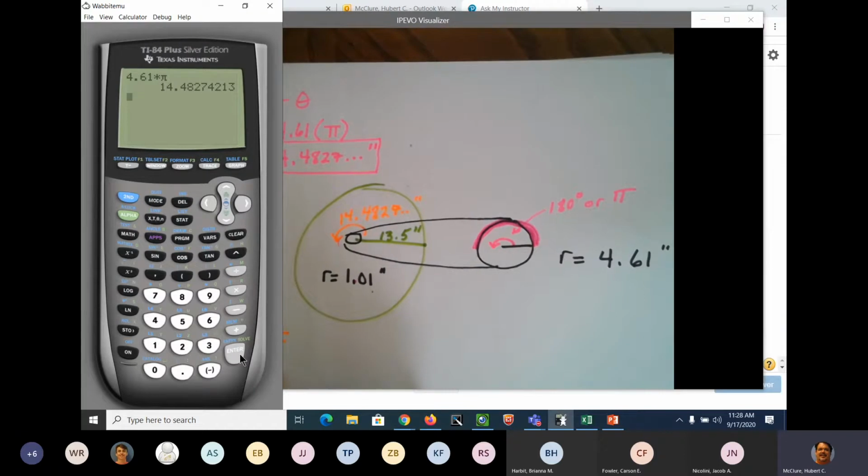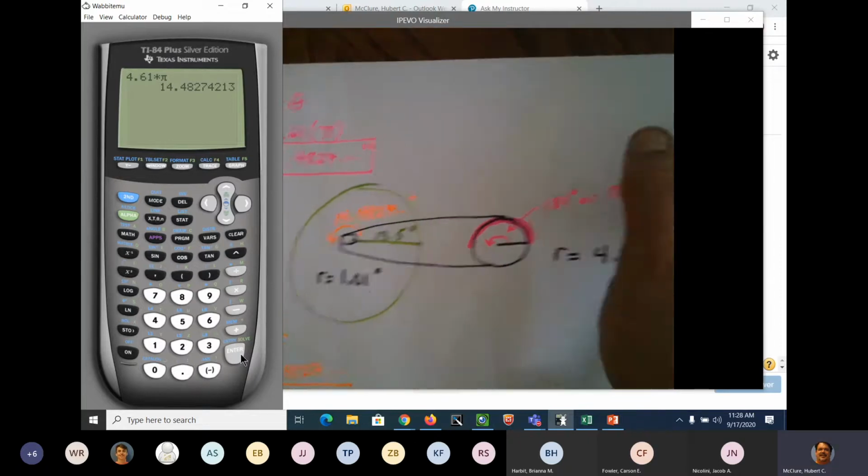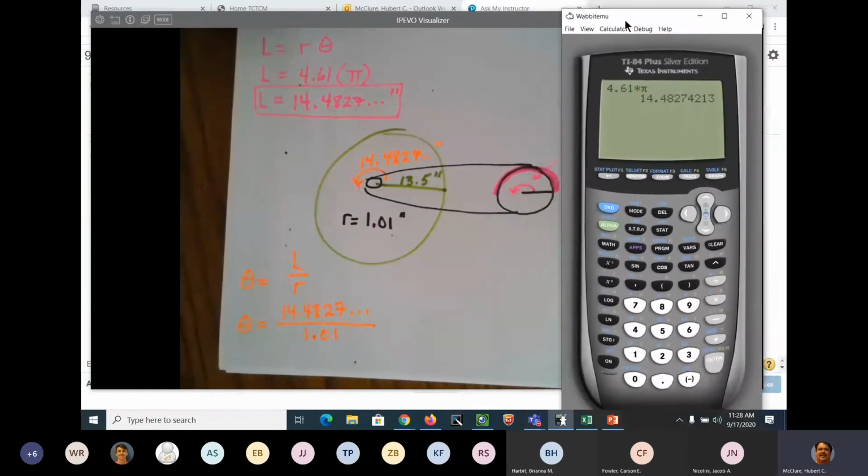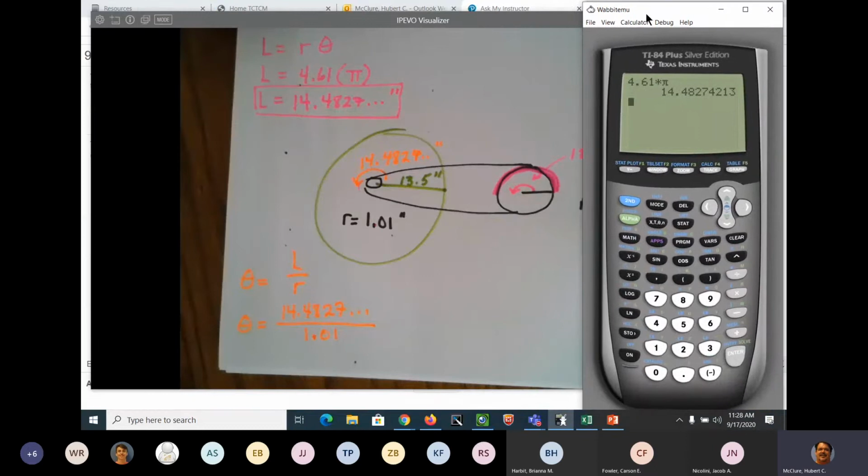Which is equal to, length is 14.4827 divided by 1.01. There, I moved it.